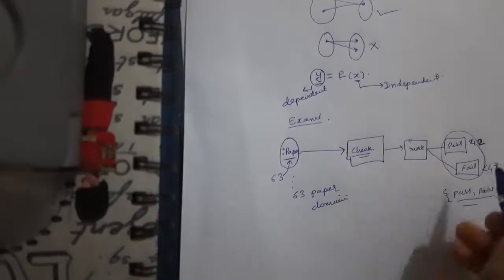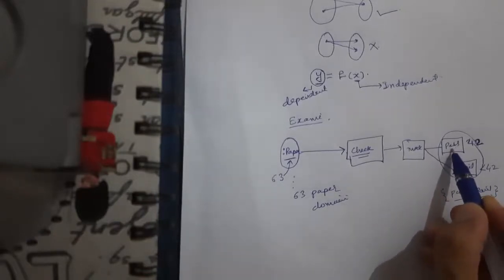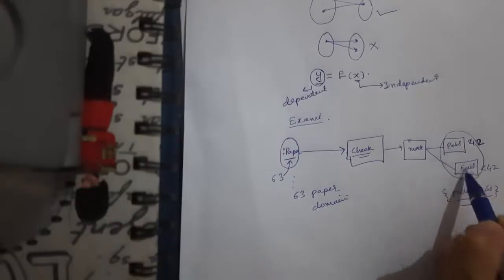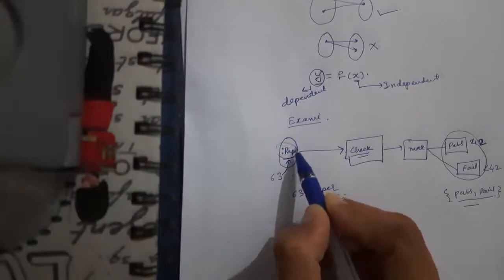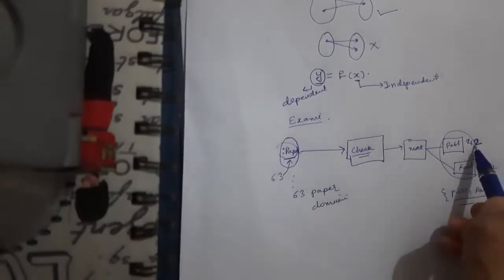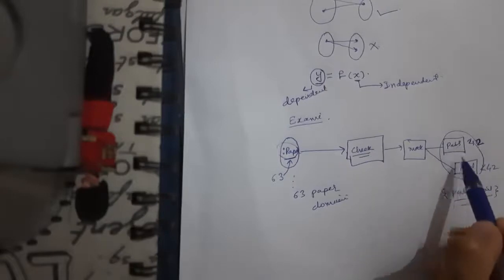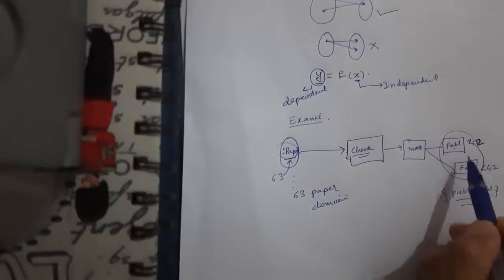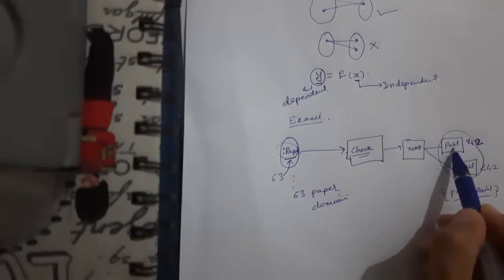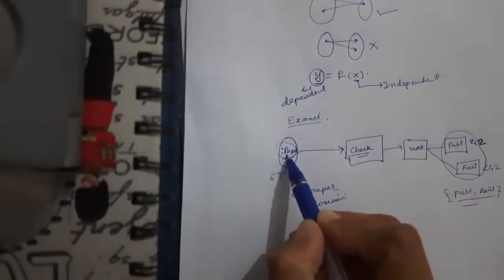Again, suppose you want to pass, then you cannot change this output directly. You need to change your paper. You need to write your paper in such a way that you score 42 marks and you will get the pass result. So directly you cannot change this output. That's why it is called the dependent variable, because its value actually depends on your paper. And this is the independent variable.